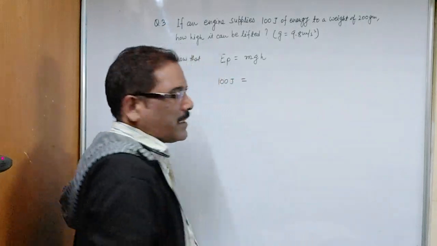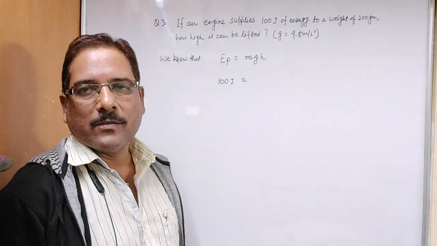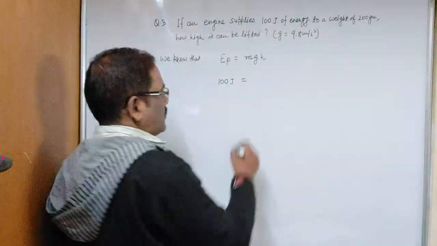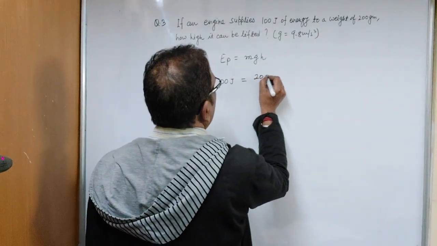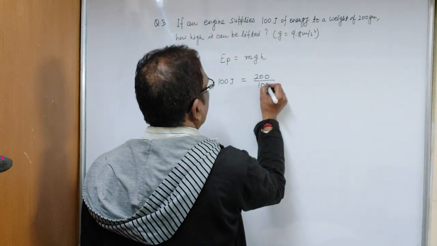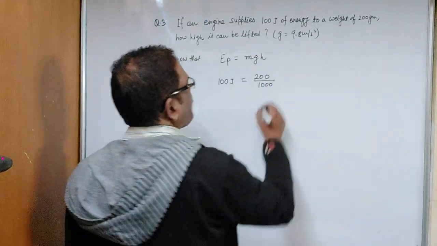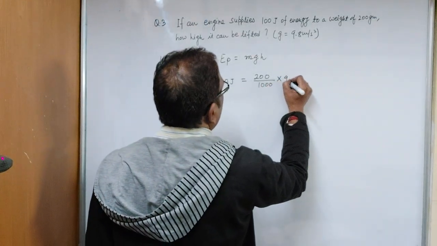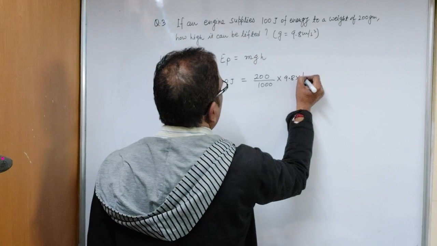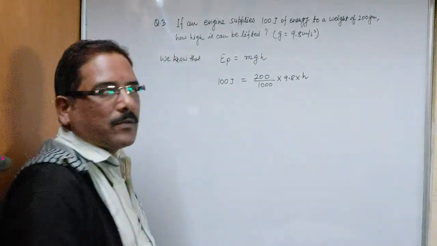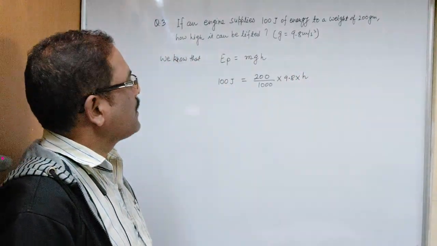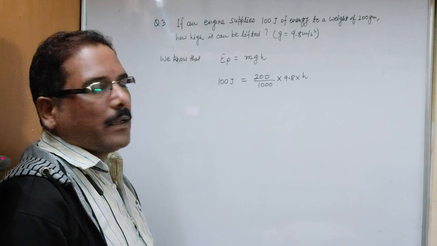Mass of object is given in grams, so convert it into SI unit. So 200 gram, convert it into kg, so divide it by 1000. g is given 9.8, and h you have to calculate, how high it can be lifted.